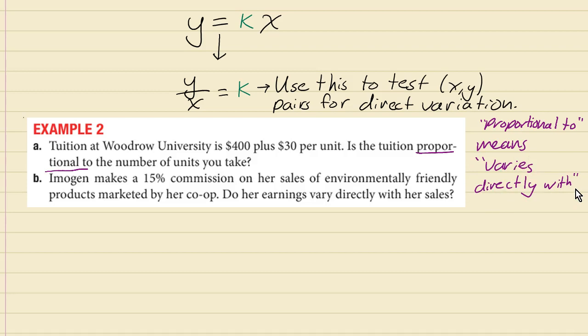So that's what we want to check. Is there a number k so that you can multiply k by the number of units and get the tuition at Woodrow University? I'm going to use the variables t for tuition, dollars, and let's say u is the number of units.